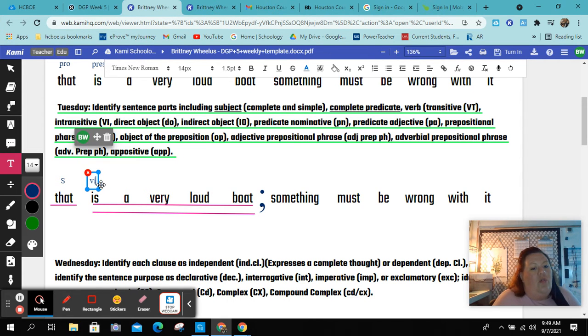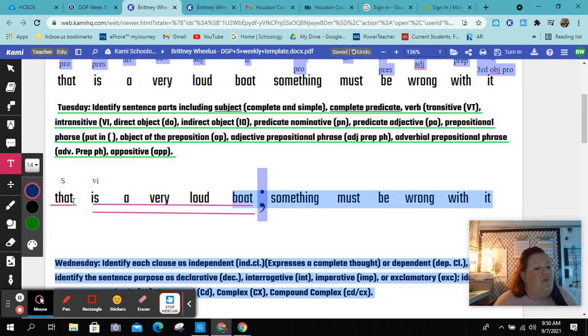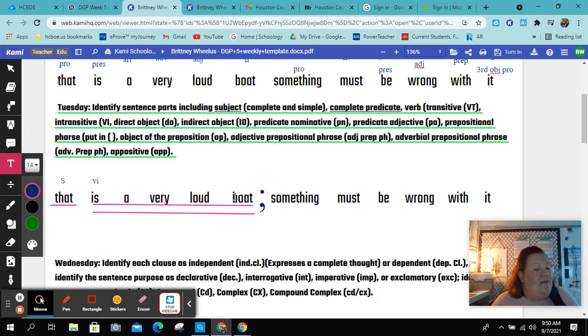Now, loud is describing the word what? Boat. What word in our subject lets us know that that is what that is? Boat tells us what that is. That boat, it's specific. That is a pronoun renaming boat.